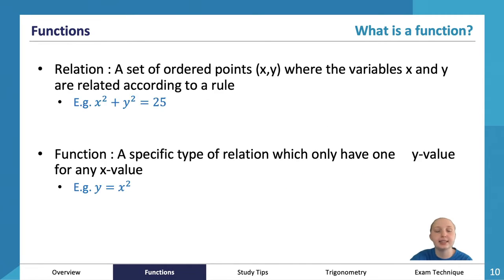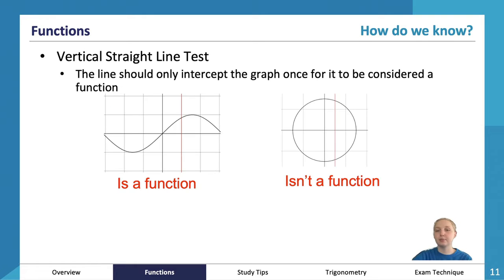If we go back to that slide before, we'll see a function is a specific type of relation, and the defining feature is that every x only has one y. So a function is always going to be a relation, but relations are not always functions. Anyway, little side note there. We've got the vertical straight line test, and this is how you can tell whether something is a function or not.